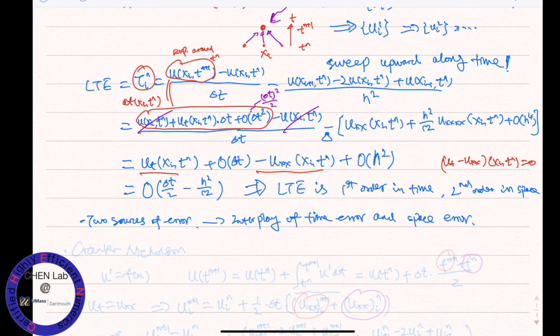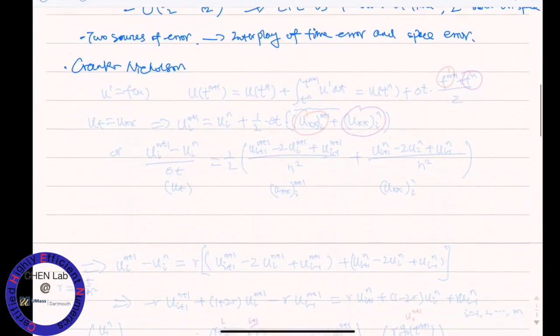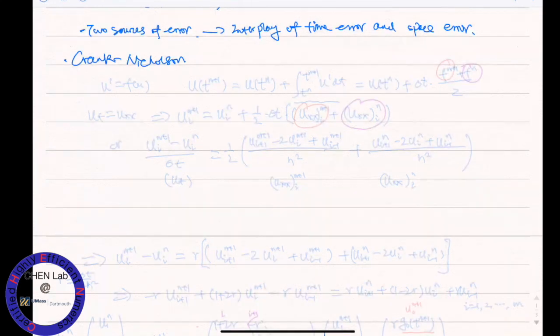The second scheme is the so-called Crank-Nicolson. Remember what we did in 361: when we have the ODE u prime is equal to f of u, all the schemes start from the integral.